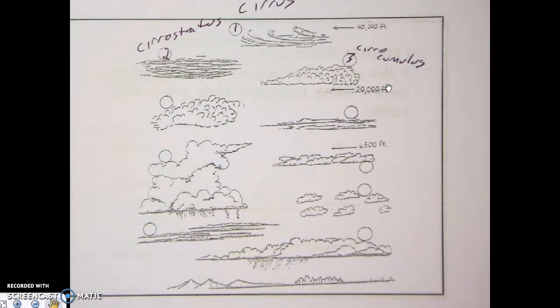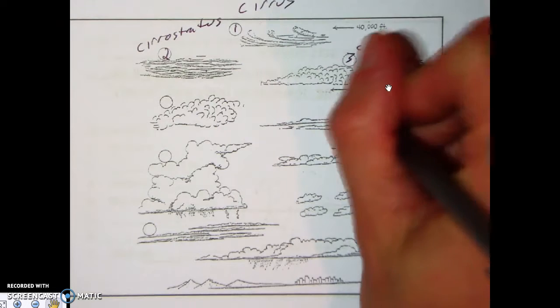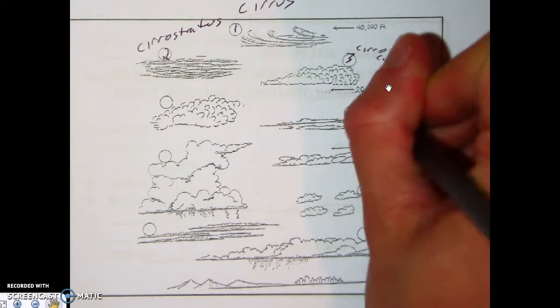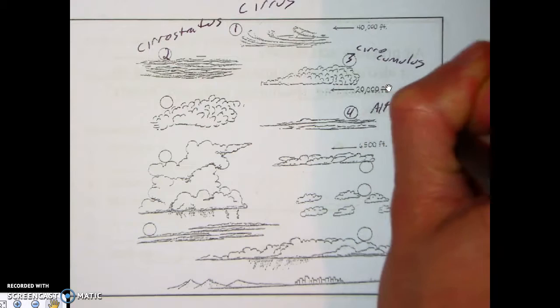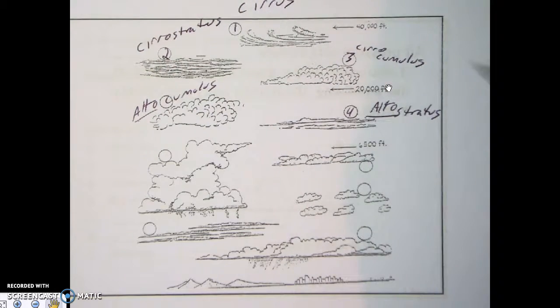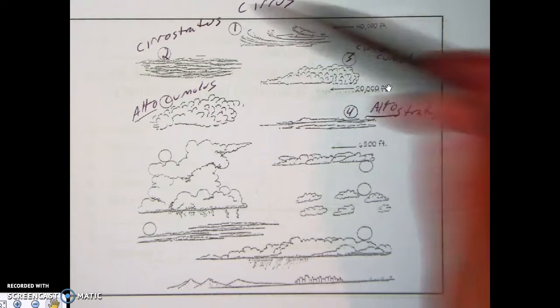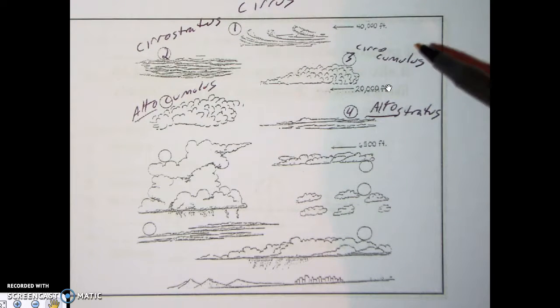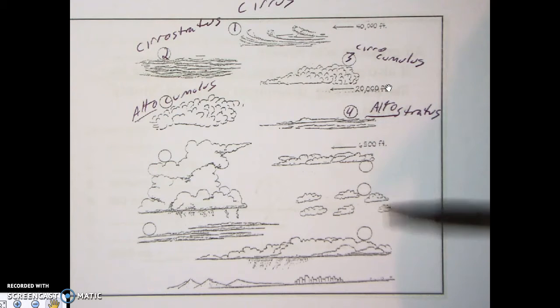For number 4, we have altostratus. And then here we have altocumulus. Remember, alto means middle. Cirro prefixes, or in this case cirrus, means high elevation. Here we're in middle elevation, and now we're getting into our lower level clouds. Okay, so here we have our stratocumulus.